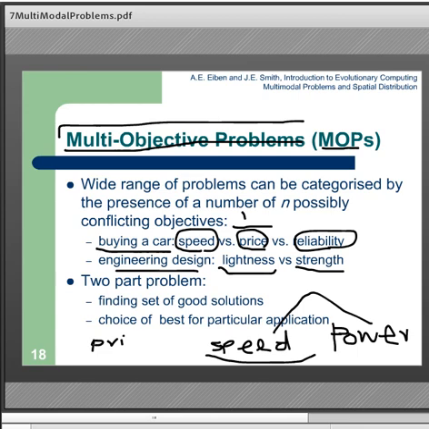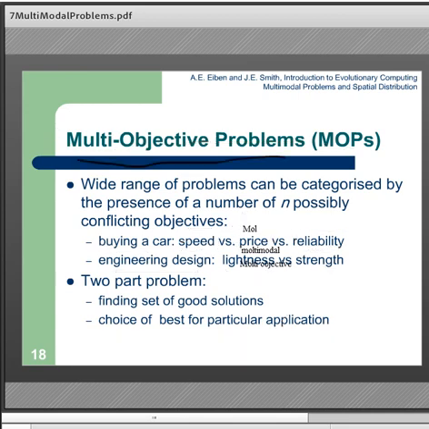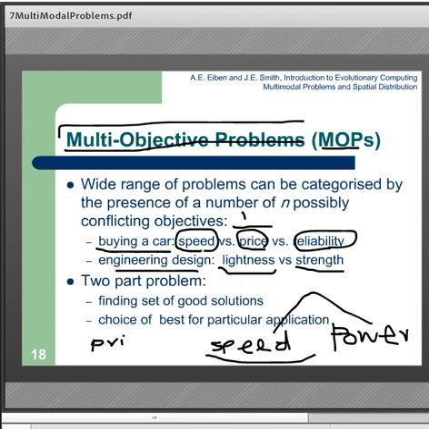It is not multi-objective because these two types of fitness are the same. If you buy a cheaper car, the speed is low and the power is low. Both are the same.